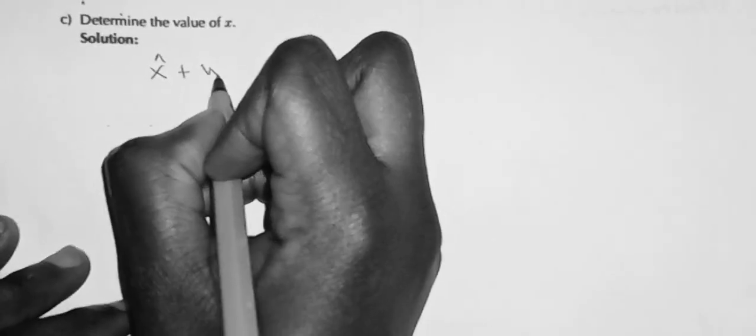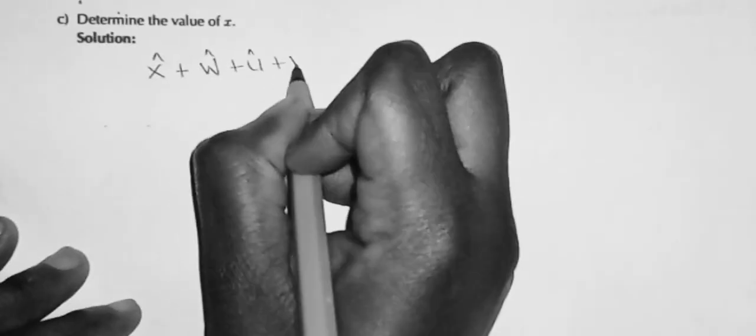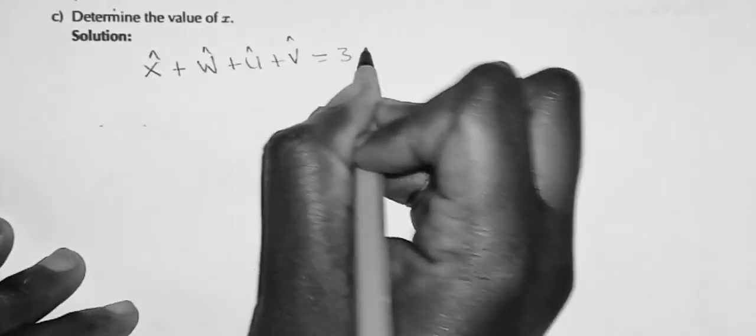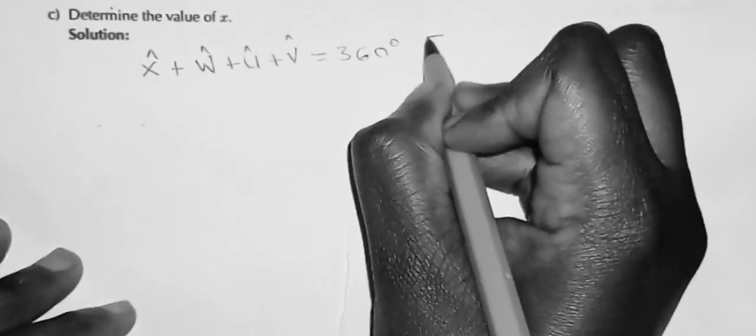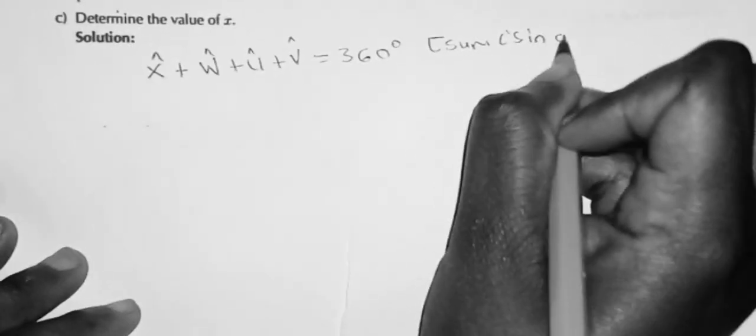Okay, so I'm going to say angle x plus angle w plus angle u plus angle v is equal to 360 degrees, sum of angles in a quad.